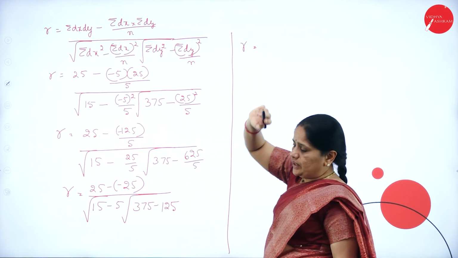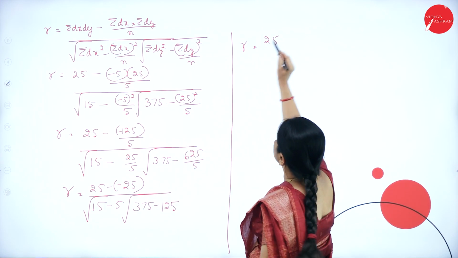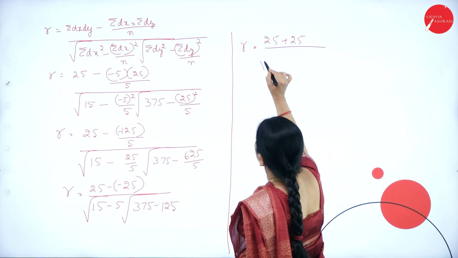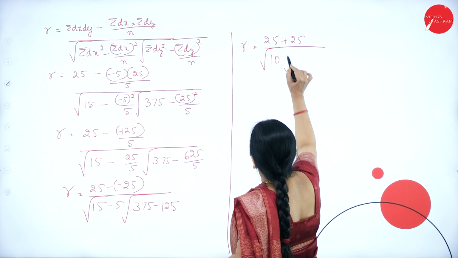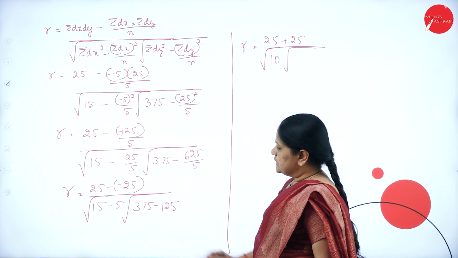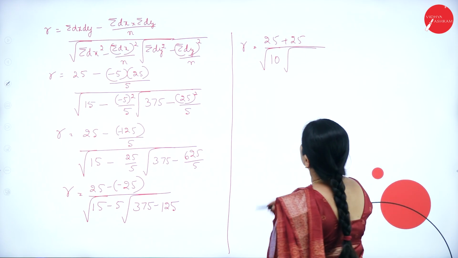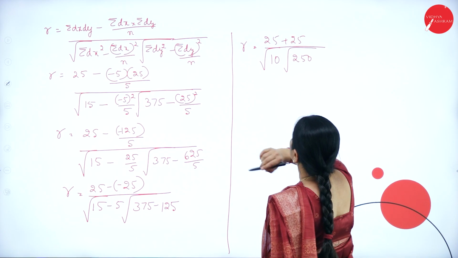So r will be equal to 25 minus minus into minus is plus 25, divided by root of 15 minus 5 is 10, into root of 375 minus 125, that will be equal to 250, root of 250.